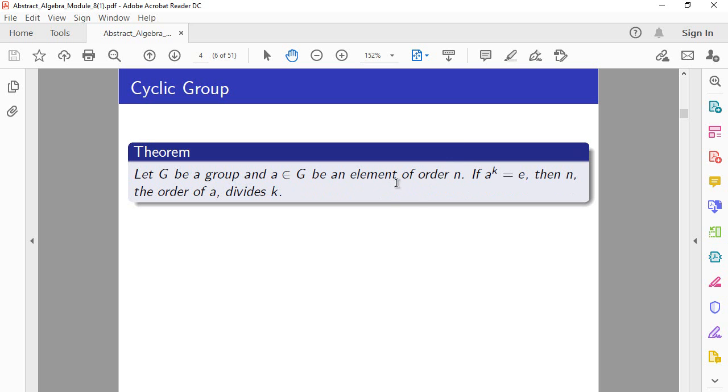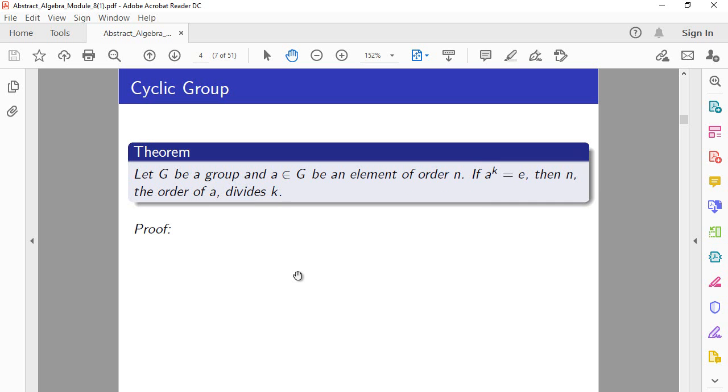So that's the assumption. And what we are claiming now is that if A to the k is the identity, then n, the order of A, divides k. So if the kth power of A is the identity, then k is divisible by the order of A.